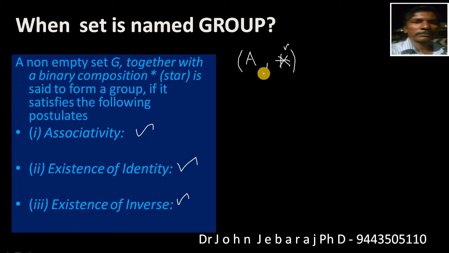Now what is the meaning of associativity? I will explain that. You take any three elements, A, B, C, belonging to the set A. Now I am associating A and B with respect to this binary operation first.